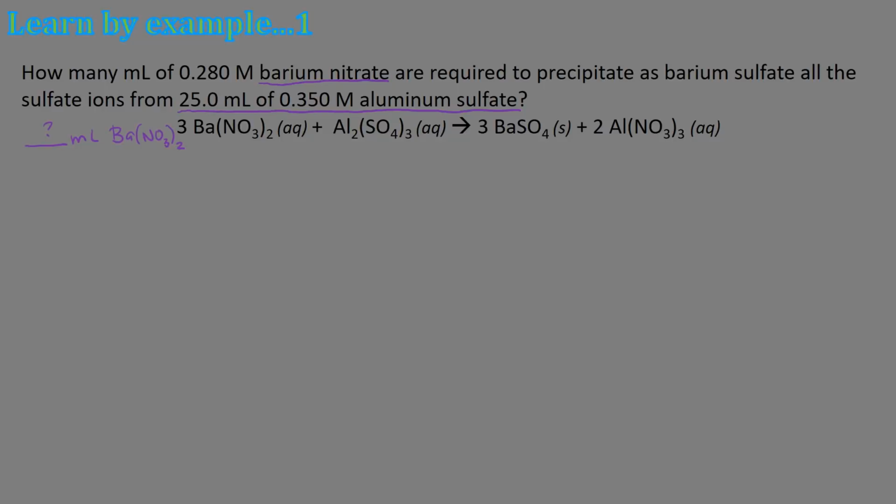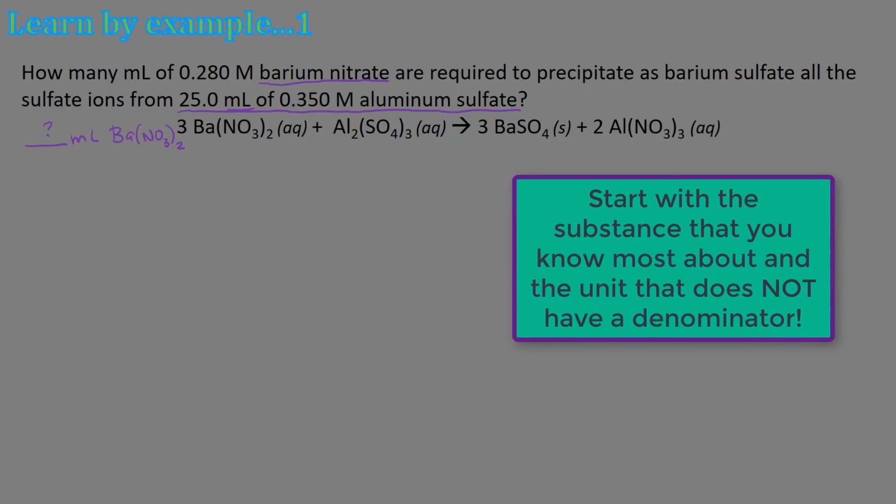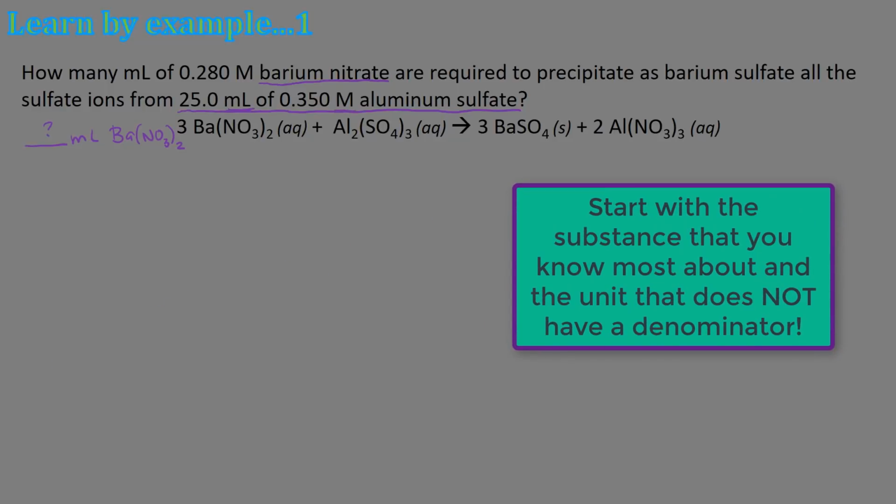Okay, and so I've got 25 milliliters of 0.35 molar aluminum sulfate, and molar means molarity, so that actually can be written 0.350 moles of aluminum sulfate in every liter of solution, right?